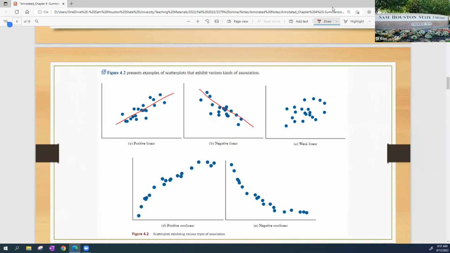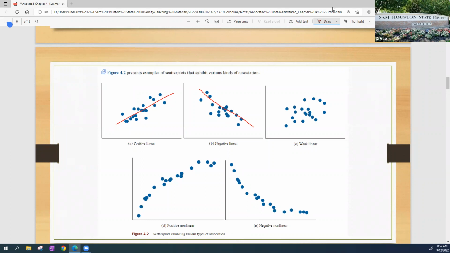And same thing for this one, the dots cluster around this line, right? But the difference is as x getting larger, y getting smaller. So we call this negative association. So negative linear in this case.